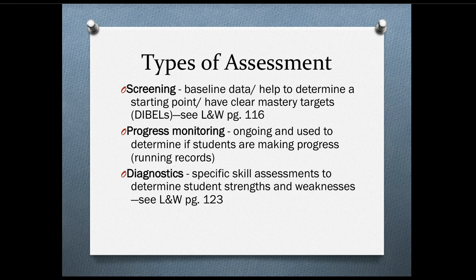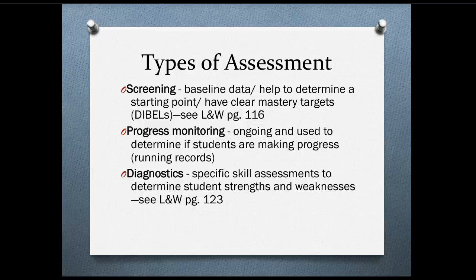Diagnostics. This is specific skill assessments to determine student strengths and weaknesses. And in my opinion, I feel that this would go after screening. So you would screen everyone, and then from your screening, you would have some target students. Then you would use diagnostics to get more information and determine proper interventions, and then you would do progress monitoring.